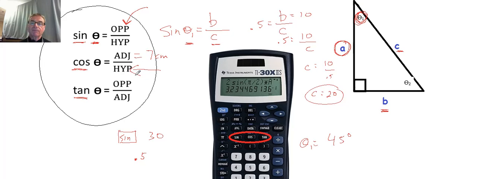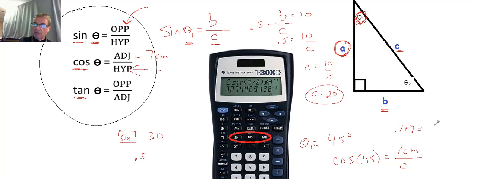Well, again, all we're going to do is plug these things in. So I'd say the cosine of 45 degrees is equal to the adjacent side, which in this case is A. A is adjacent to the angle, and so that's going to be 7 centimeters divided by C, which is my hypotenuse. And this enables me to figure out what C is. The cosine of 45 degrees happens to be 0.707.